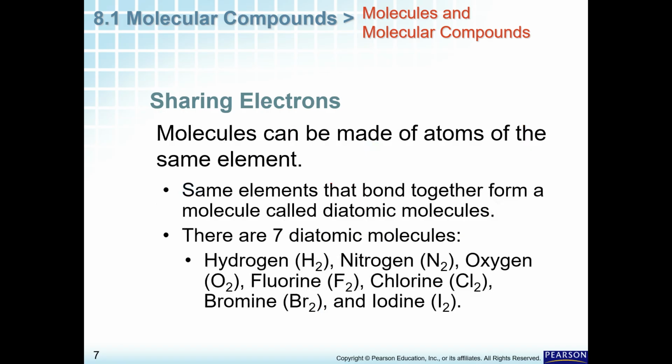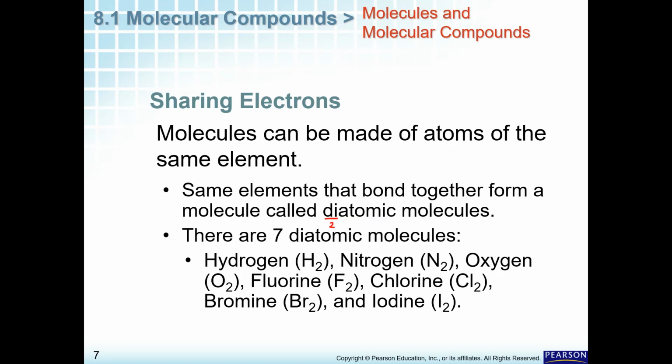Whenever we have molecules, they can be made of atoms of the same element, like we saw with oxygen or O2. It's only made up of oxygen, and there are 7 elements that can bond to each other and form something that we call a diatomic molecule. Di, again, meaning 2, atomic, atoms.